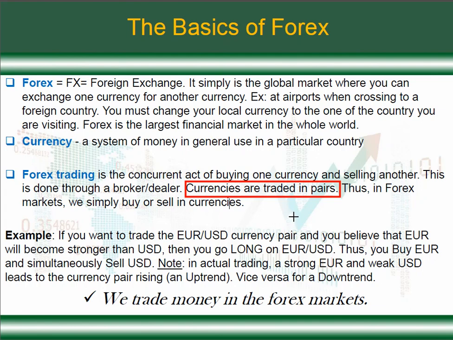It's that simple. For example, if you want to trade Euro USD, now we are talking about pairs here. You are trading the currency used in the Eurozone, Euro, against the currency used in the United States, that is USD. If you want to trade this pair, then you must make a decision on whether you are buying or you are selling.